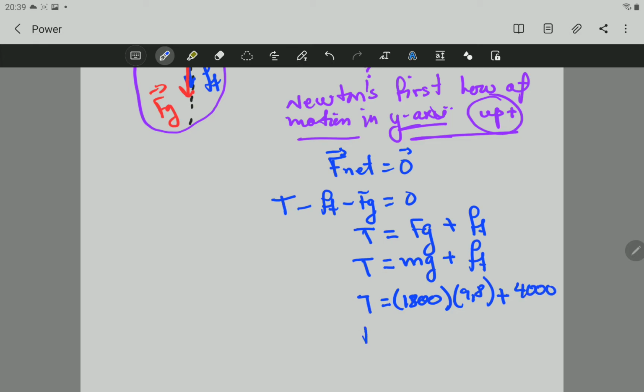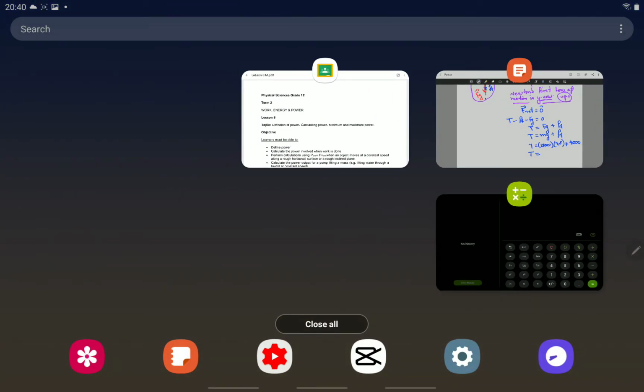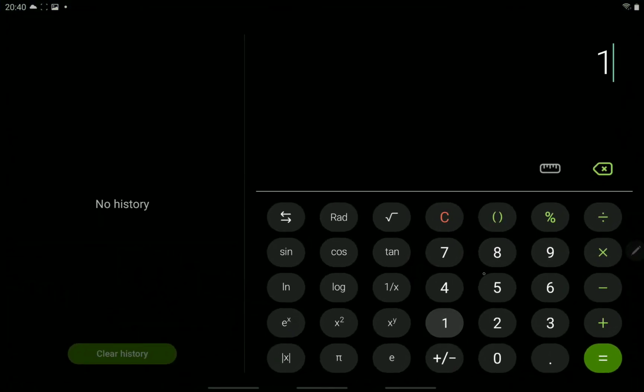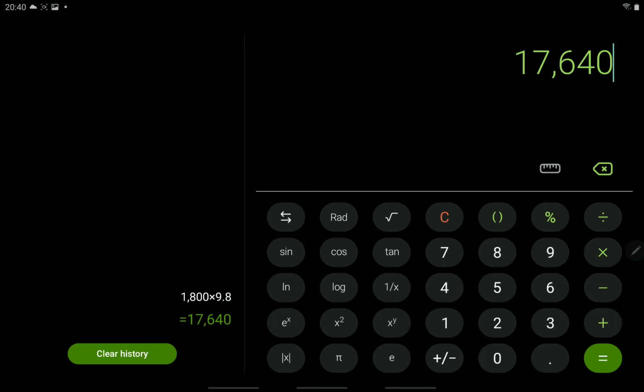So the tension is going to be equal to, let's calculate this, 1,800 times 9.8 plus 4,000, which is the frictional force, and that is going to be equal to 21,640.